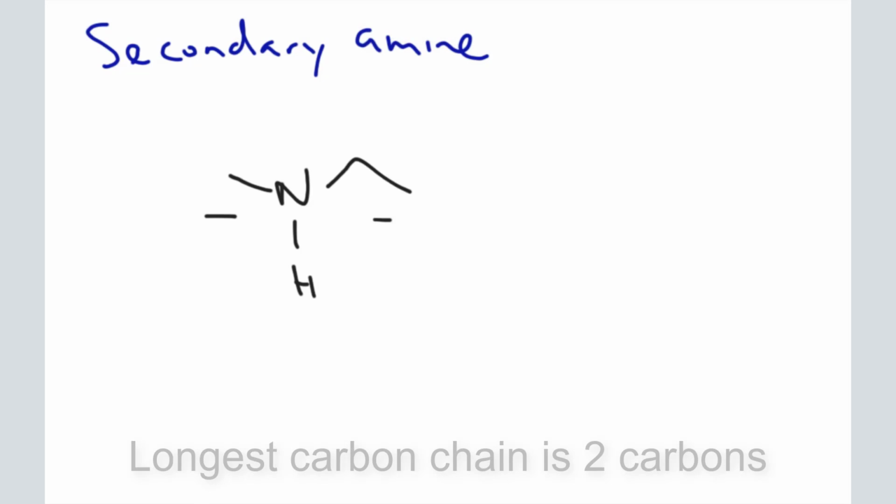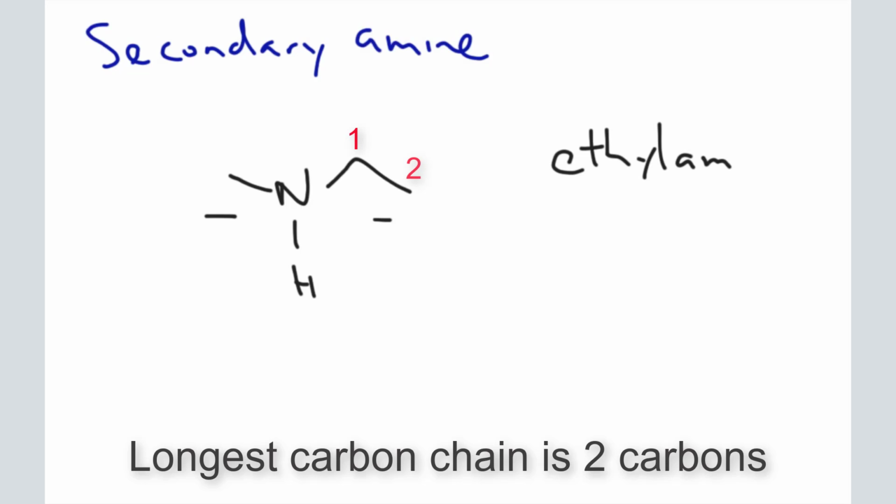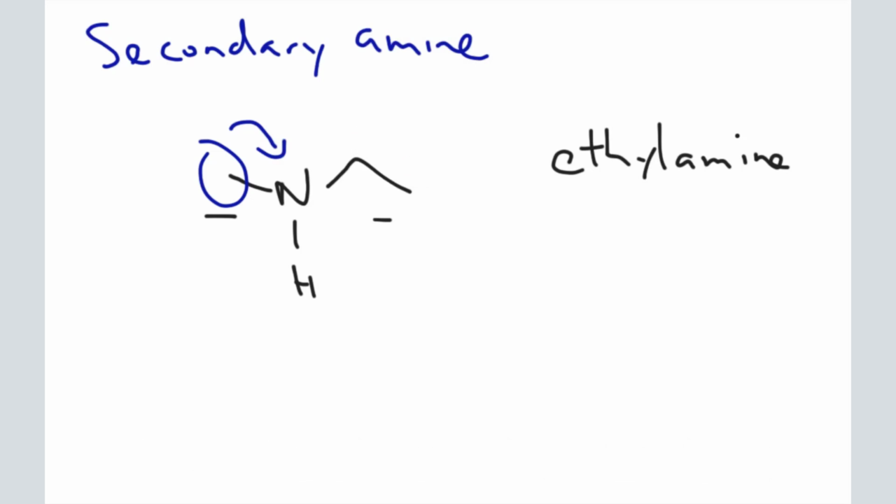So the root name is going to be ethylamine, and we need to indicate that the methyl is attached to it as well, and it is attached to the N. So we're going to call this an N with a capital N. This is an N-methyl ethylamine. So the N-methyl meaning that the methyl group is attached to the nitrogen, and the ethylamine is the other hydrocarbon attached to the nitrogen. So that's the alkyl naming.